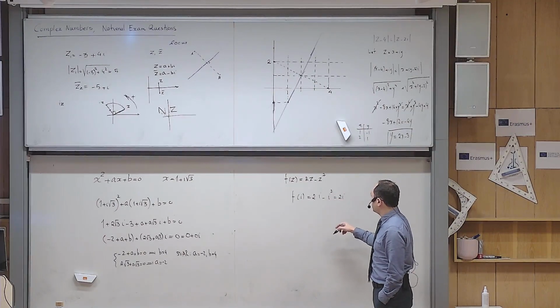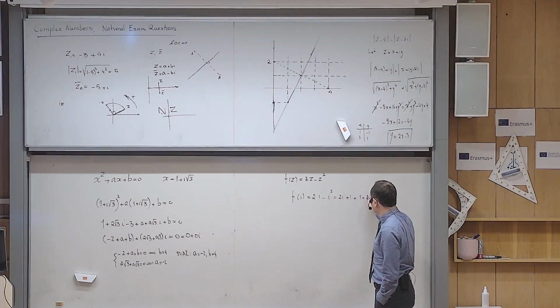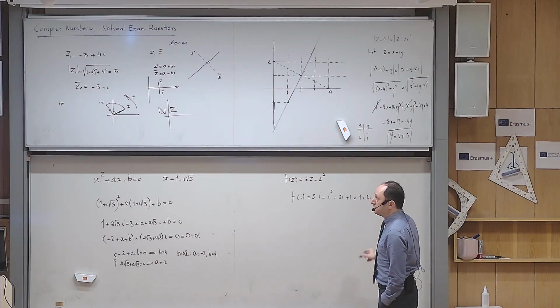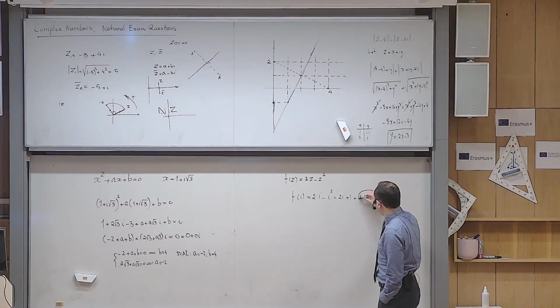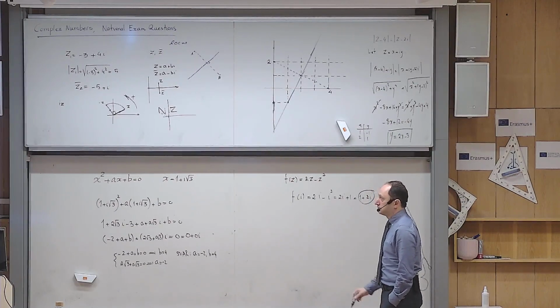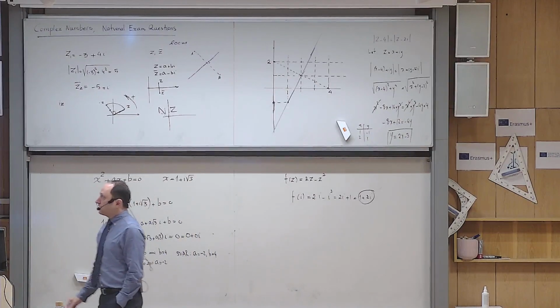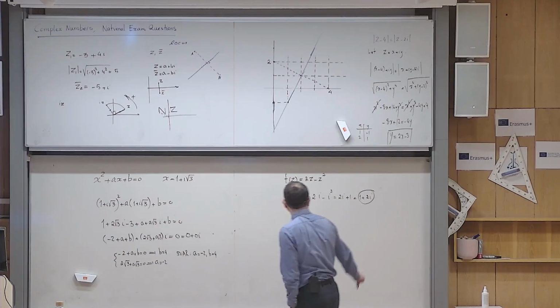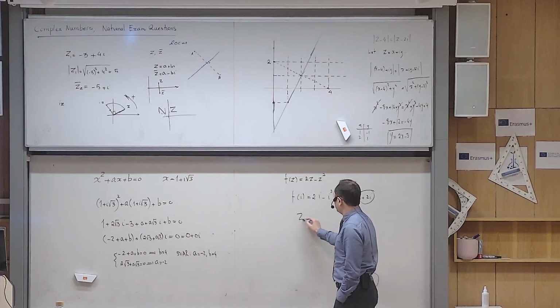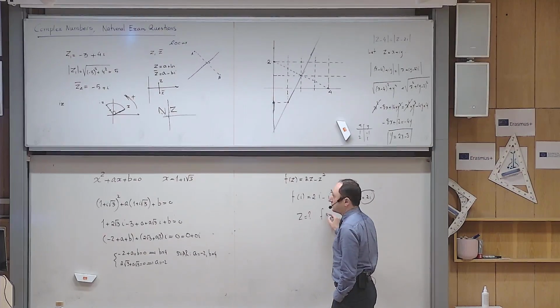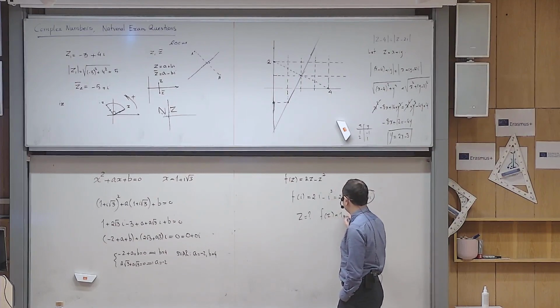Minus i squared is positive 1. I prefer to write it in a standard form. So the only thing that you have to write here is this number, 1 plus 2i.